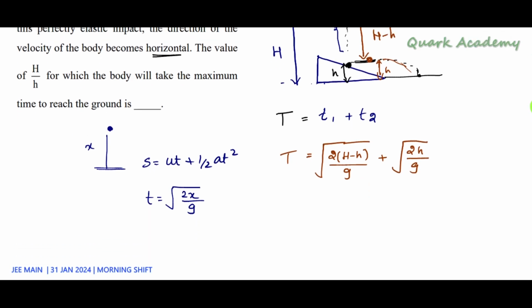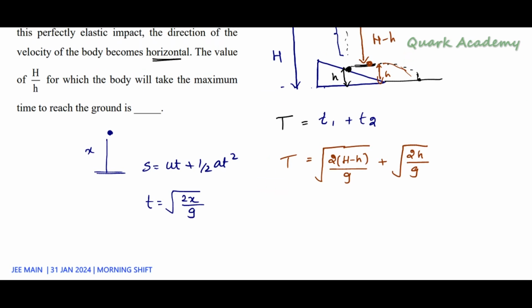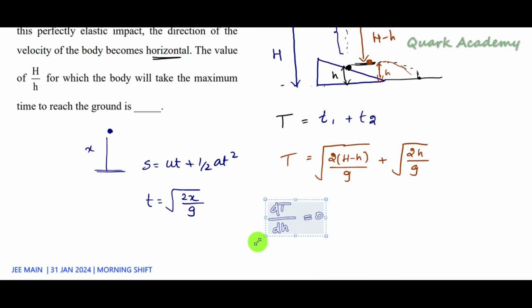Now we need to maximize this time. So this time depends on only one variable, that is this small h, right? So we can differentiate this time with respect to small h and equate it to 0. When we do this, we can get the ratio. So let's differentiate dt by dh.